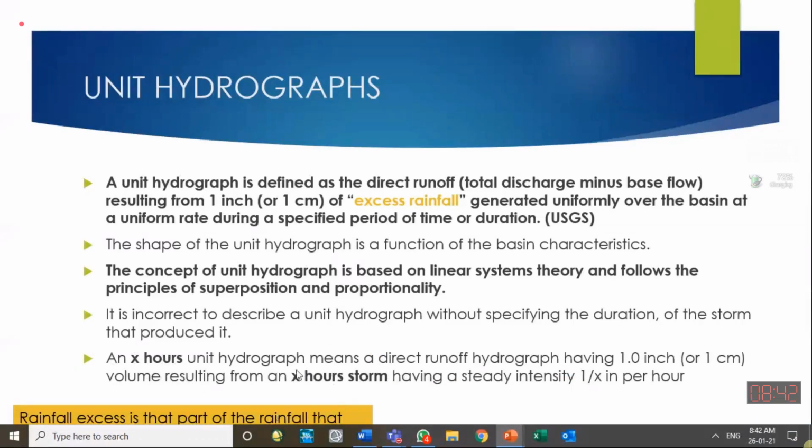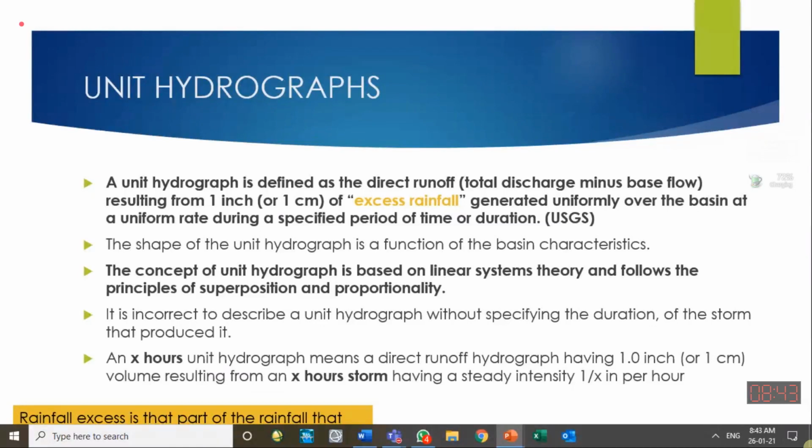So this X is relevant to the storm duration, having a steady intensity. If total volume is 1 inch and storm duration is X hours, the intensity will be 1 over X inches of rainfall per hour. Intensity is the rate of rainfall. So if I have a unit hydrograph of 1 hour, it will have 1 inch volume of rainfall in 1 hour.